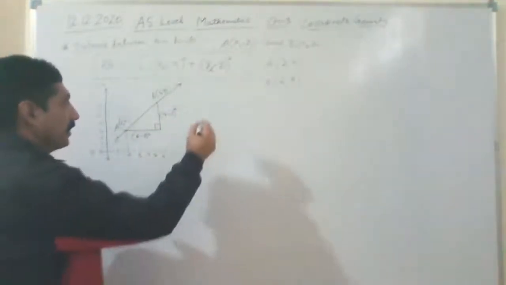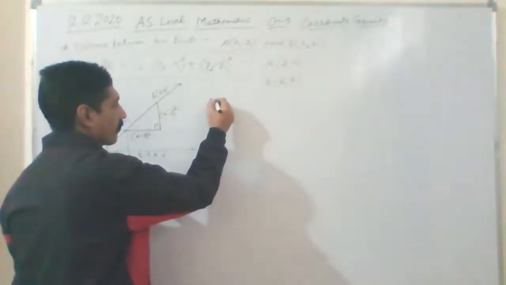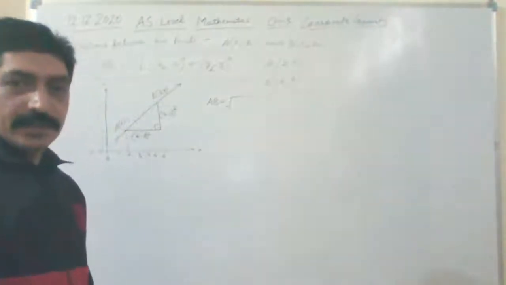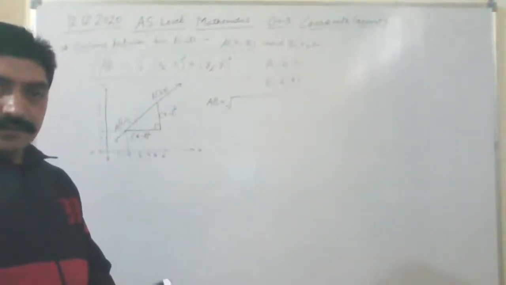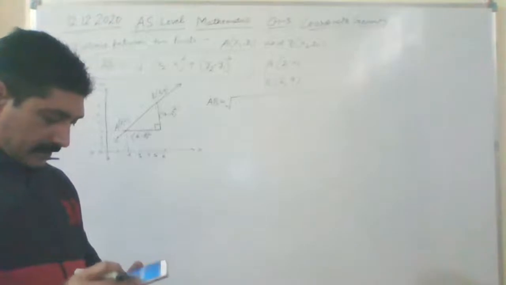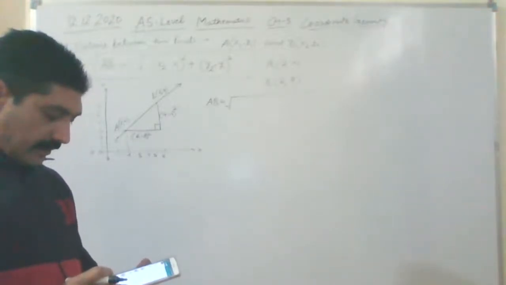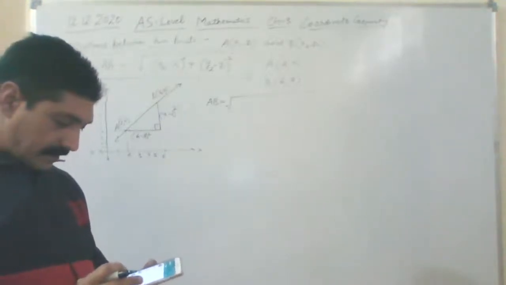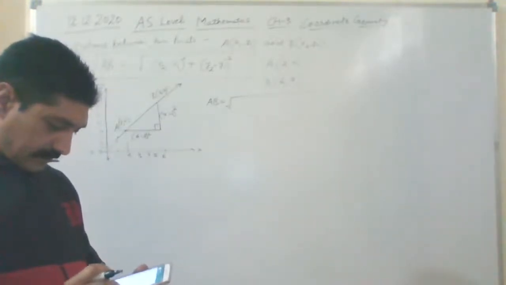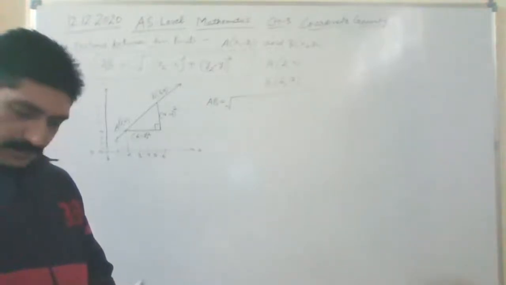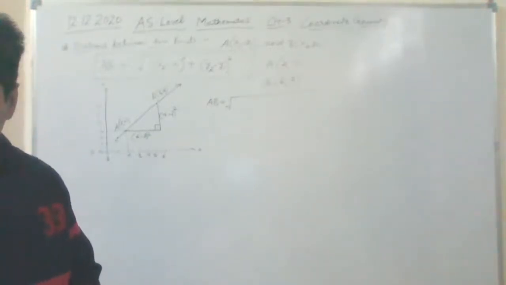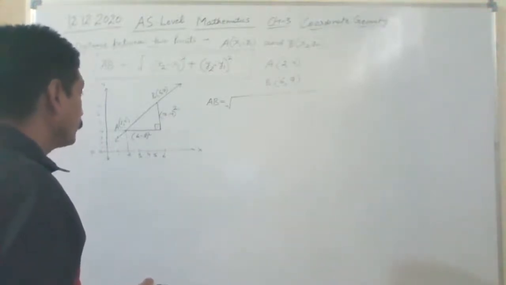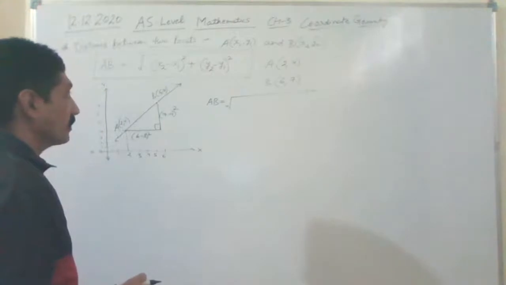So distance formula here, the distance AB here, that is x2 minus x1, right? x2 minus x1 plus y2 minus y1 whole square.